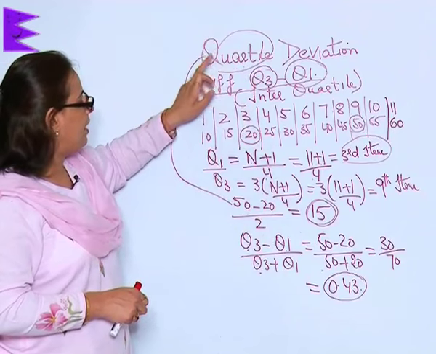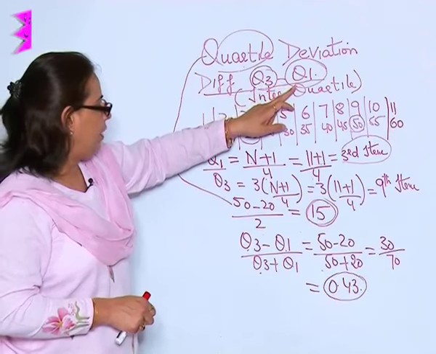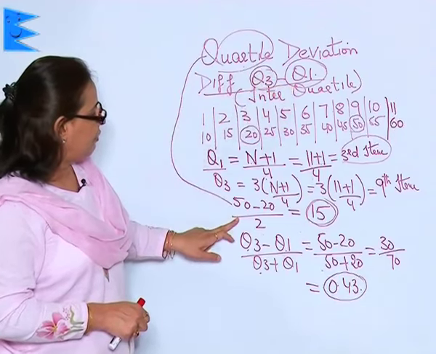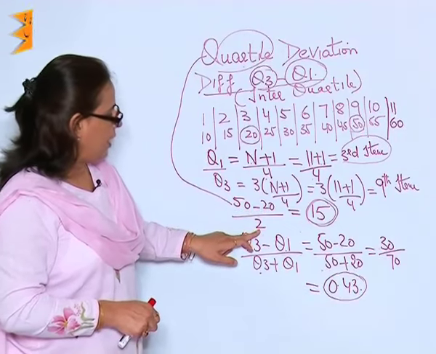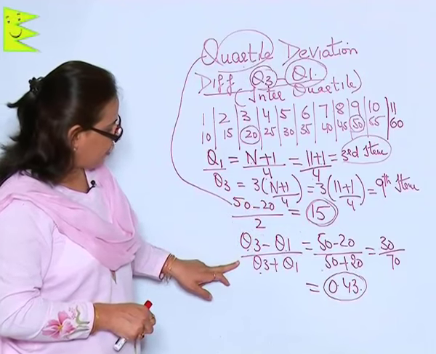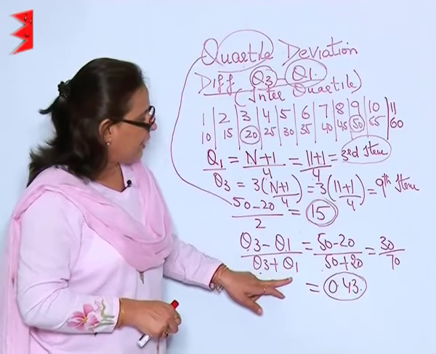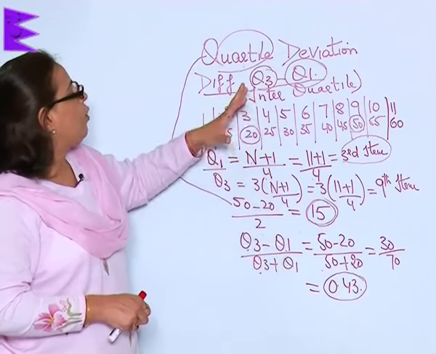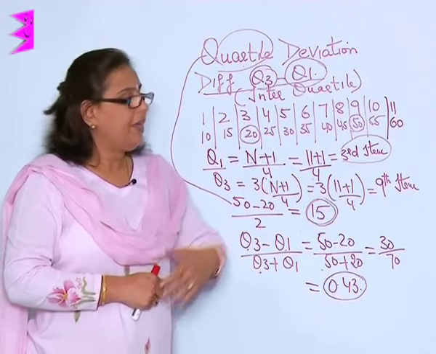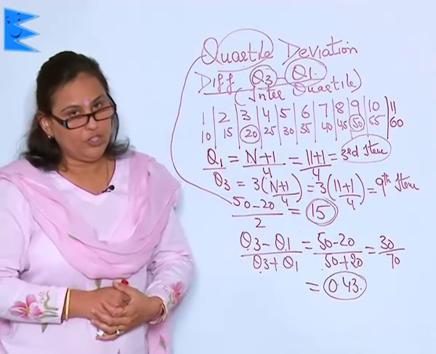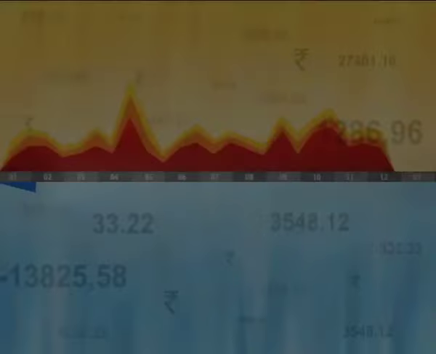Remember, you have to know Q3 and Q1, and the quartile deviation formula is (Q3 minus Q1) upon 2, and when we have to find out the coefficient, it is (Q3 minus Q1) upon (Q3 plus Q1), giving us both the quartile deviation and the coefficient of quartile deviation. In the third clipping, I shall be teaching you the third method of measuring the measures of dispersion.